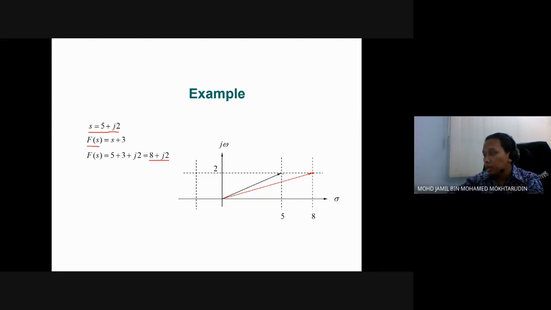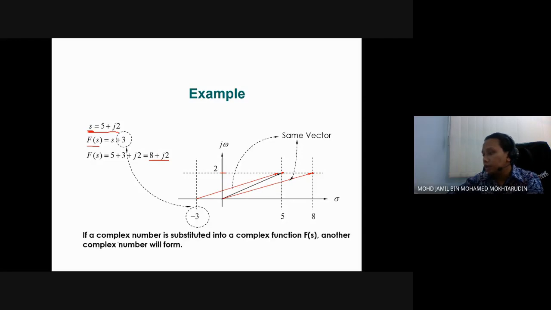And this line here is the complex number s, so 5 plus 2j. When you plot F, F is here, same vector. So if a complex number is substituted into a complex function F, another complex number will form. This is what the slide wants to show you.